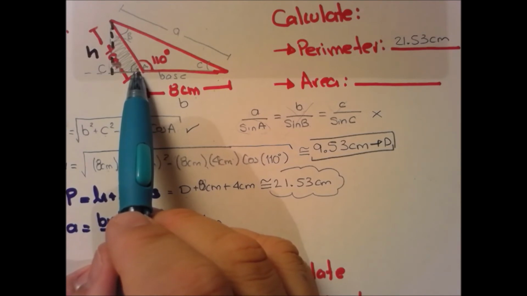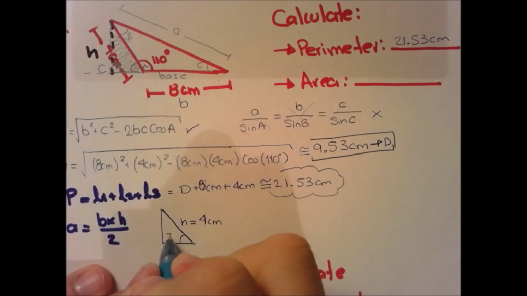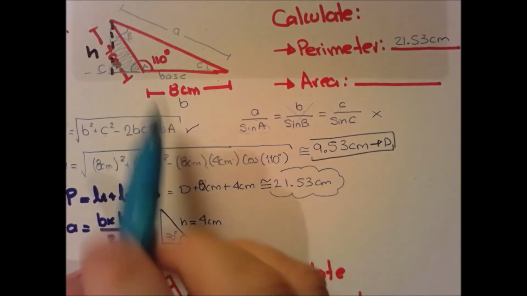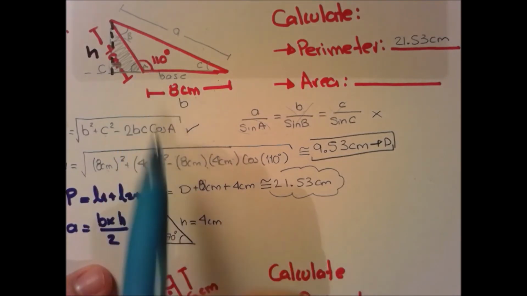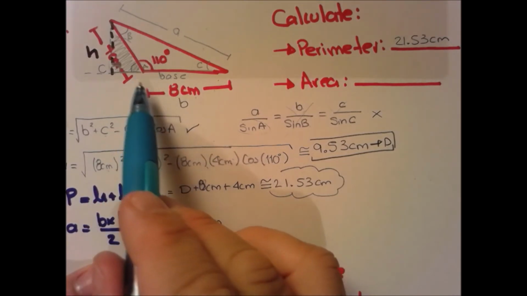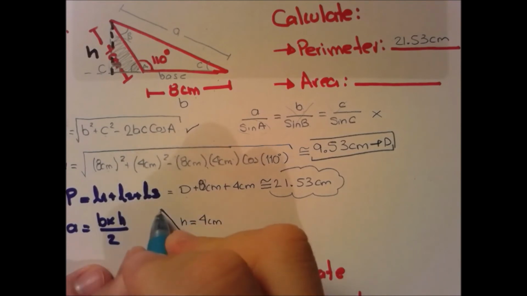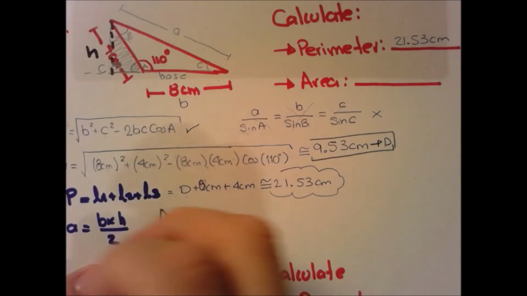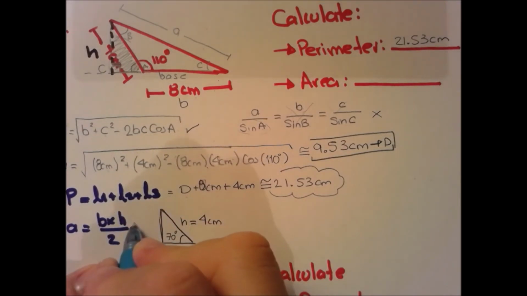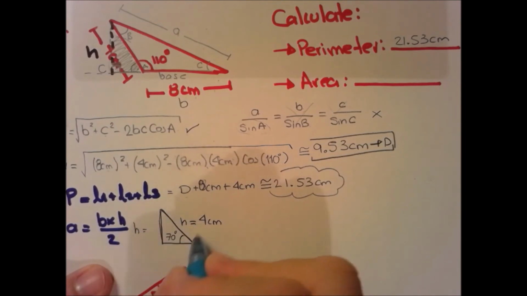It is going to be 70 degrees, because 110 plus 70 gives 180 degrees. And this is going to be the height.